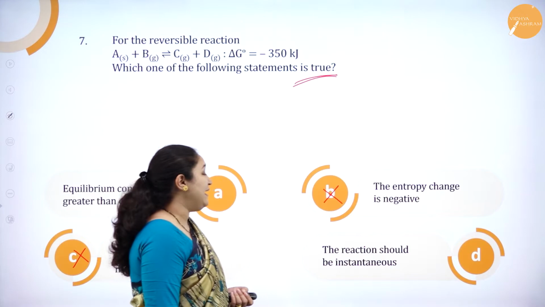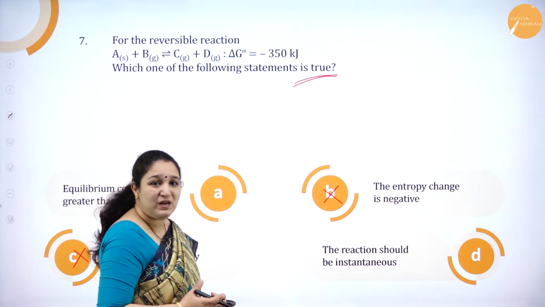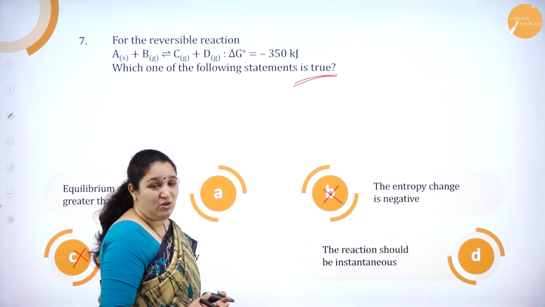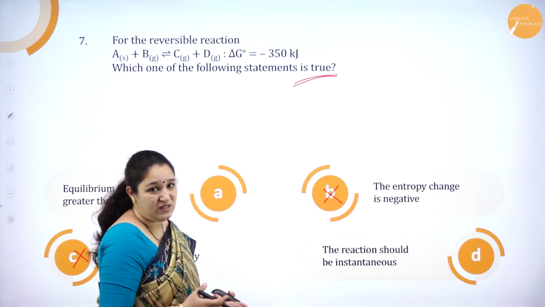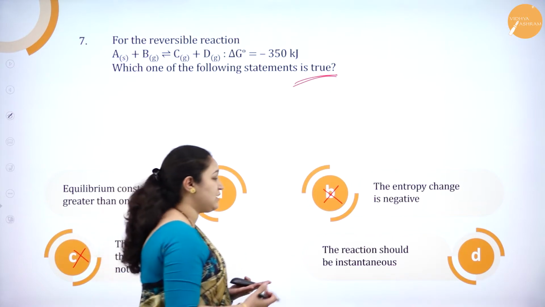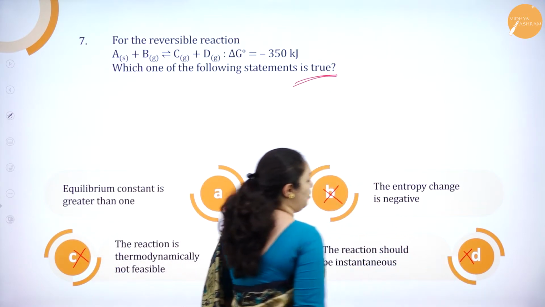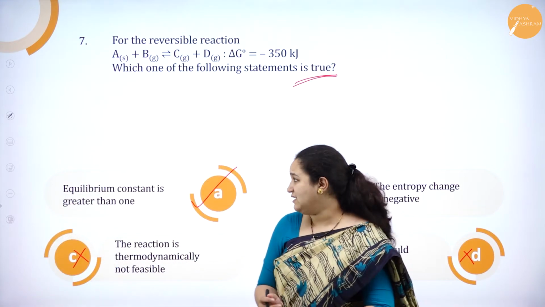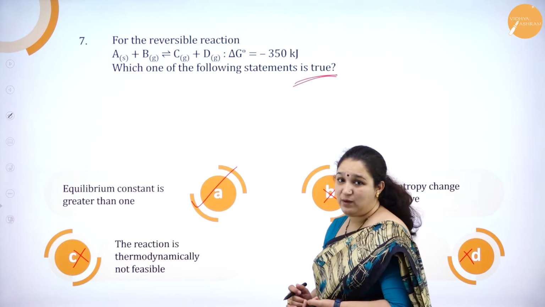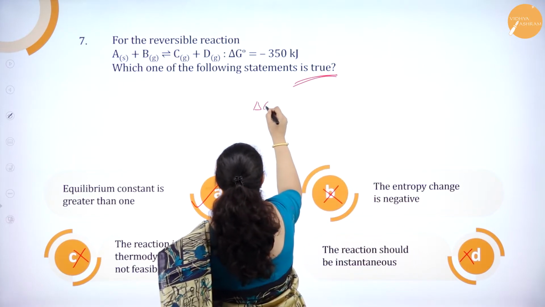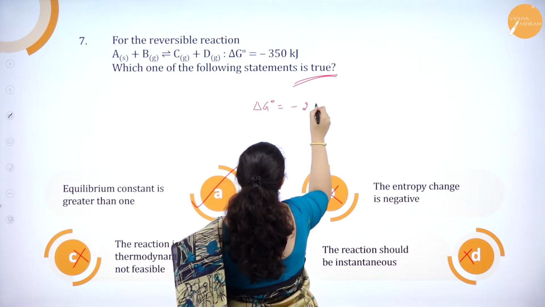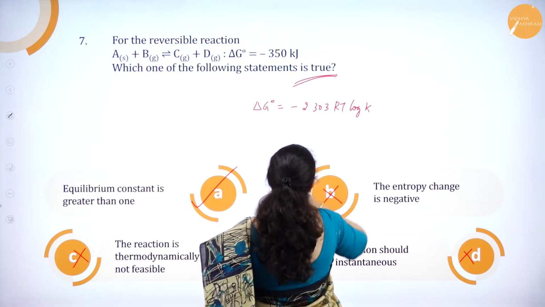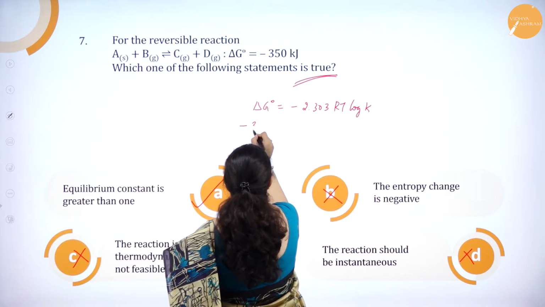The reaction should be instantaneous. This is a reversible reaction, it need not be instantaneous. So it is not a reaction which has to be instantaneous because it's a reversible reaction. So even this is wrong. Obviously then option A should be the correct one. That is, equilibrium constant is greater than 1. Yes, of course, because delta G naught is equal to minus 2.303 RT log K. So this value is also negative.